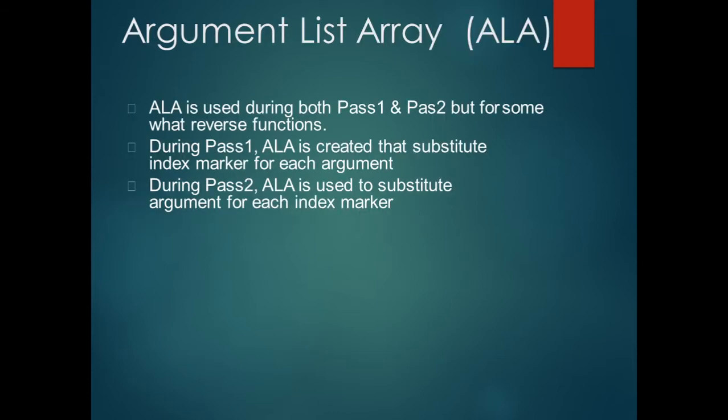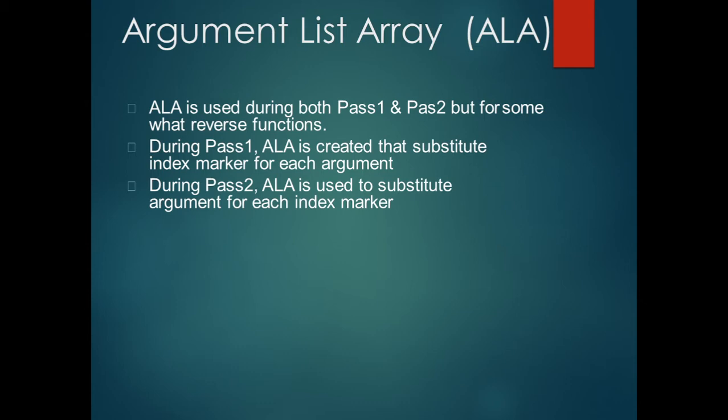The first database is argument list array. This database is used during both passes, that is pass 1 and pass 2. But the purpose of this database is exactly reverse in pass 1 and pass 2. During pass 1, ALA is created that substitutes an index marker for each argument.